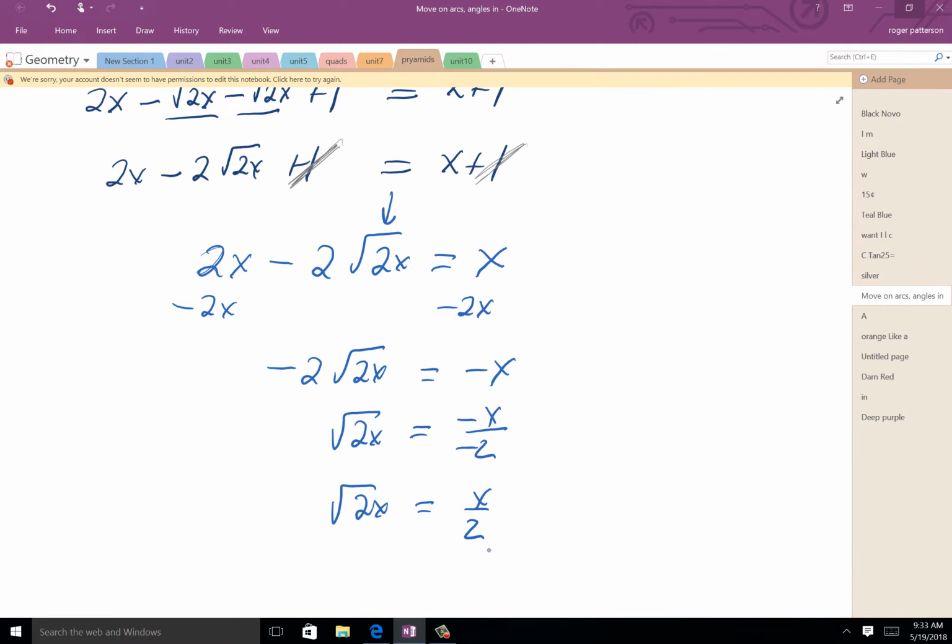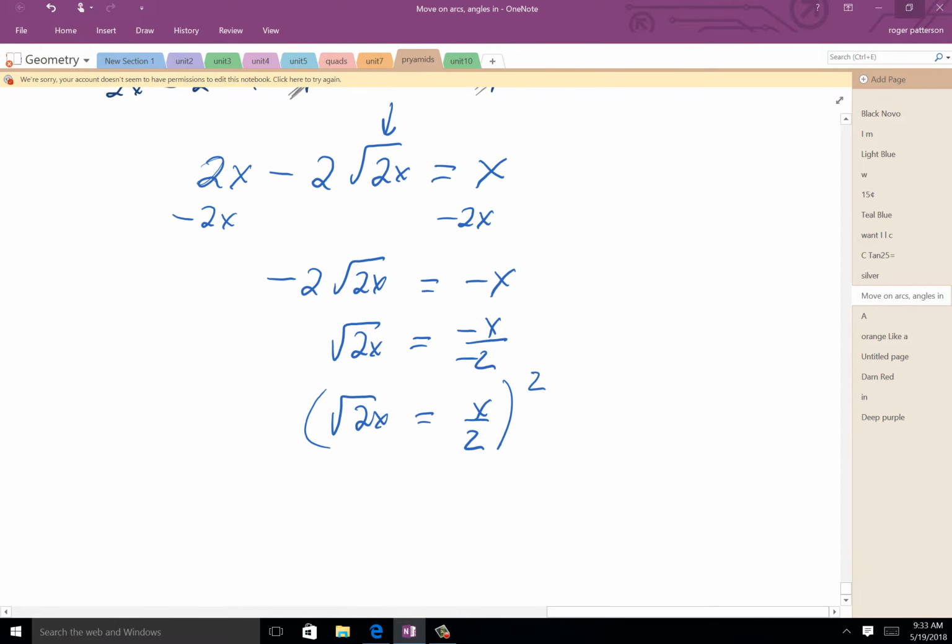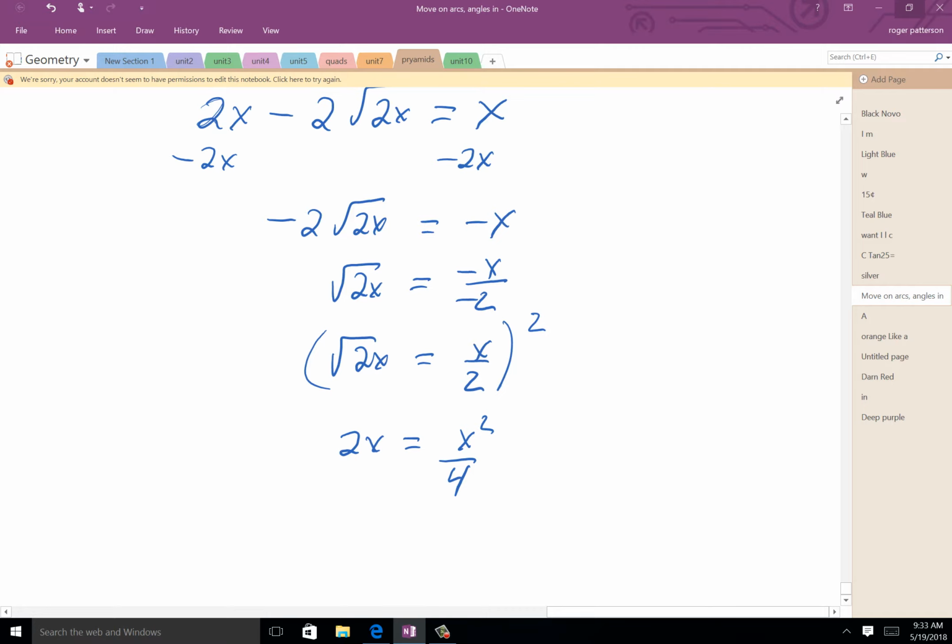And I'm still not done. Right? It's craziness. Square both sides. So I have something that looks like this. Kind of a mess. I didn't even make this up.